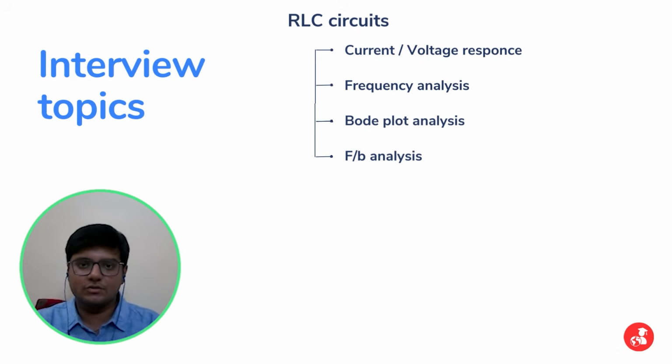Then he asked me about the application of positive feedback. I told him that there is oscillator design. Then he asked me to draw a circuit of a Wien bridge oscillator. So these were the concepts from oscillators and RC circuits.